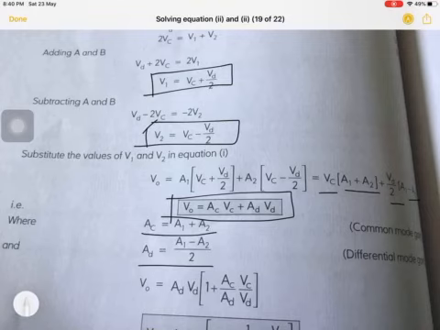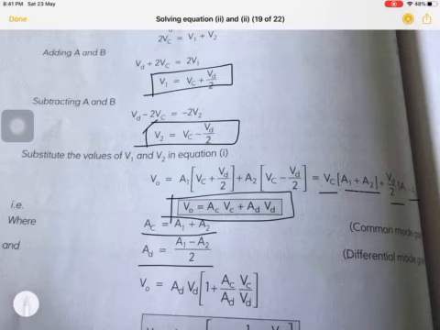Now since we know V1 equals VC plus VD by 2 and V2 equals VC minus VD by 2, we use the equation V0 equals A1 V1 plus A2 V2. Putting in these values and taking VC and VD common, we get V0 equals VC times (A1 plus A2) plus VD by 2 times (A1 minus A2).